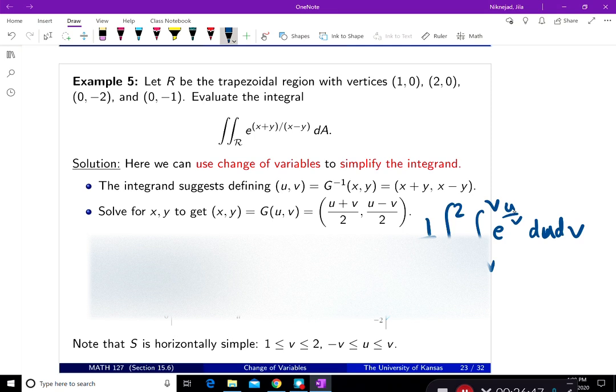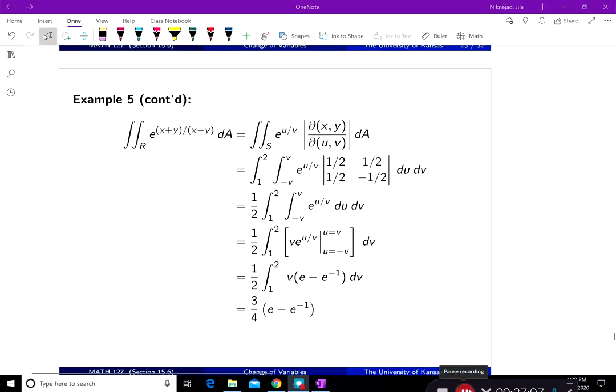And so u is easy to integrate, because when you're integrating with respect to u, it's e to the power u times the constant coefficient 1 over v, and then you resolve from there. So we're starting over here.